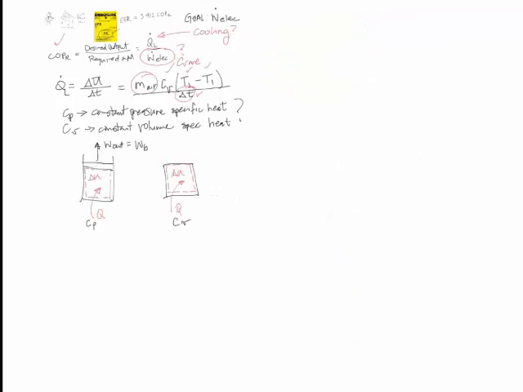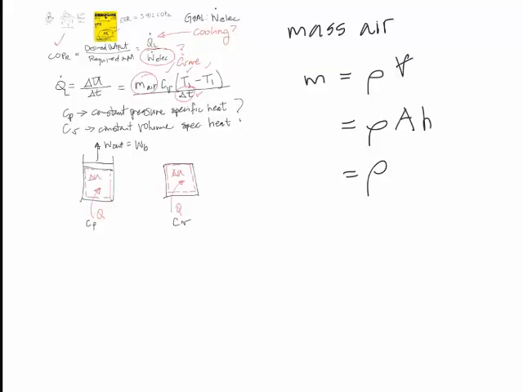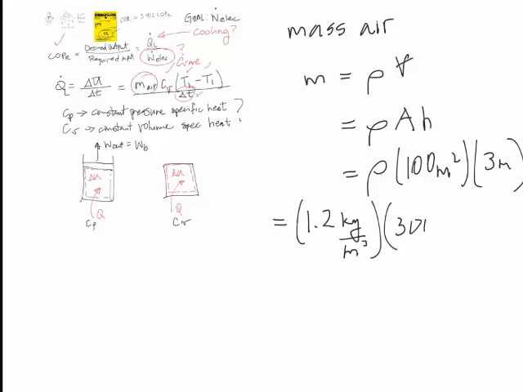So the mass of the air in the room is equal to the density times the volume. The volume is going to be our area times some height, and you're a college student, so let's say you live in a 10 meter by 10 meter, so 100 square meter, room. So the density for air is 1.2, 300 meters cubed times 1.2, and that's going to look something like 360 kilograms of air.